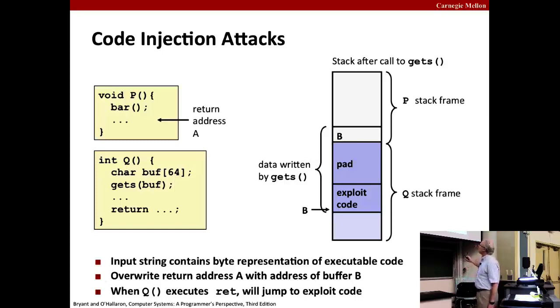So now what will happen is when the program does its return here, it was supposed to return back to wherever it got called from, P. This is a typo: P calls Q, not bar. So it's supposed to return back to P, and the return address was stored here. But now I've overwritten that return address with this buffer position.